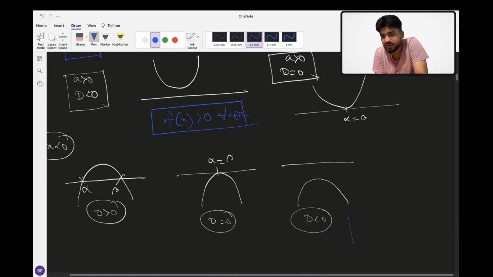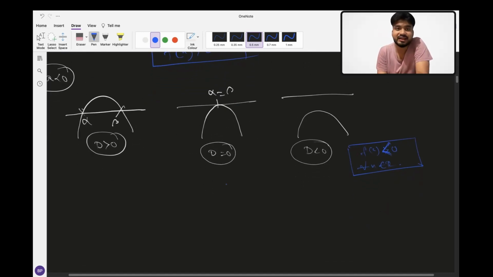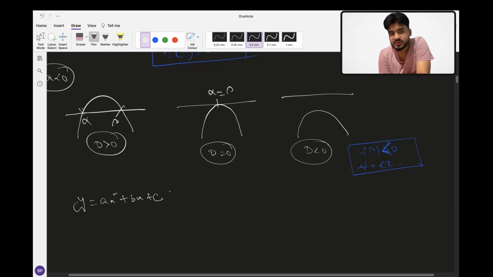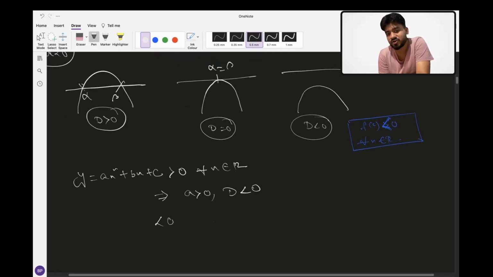And when a less than 0 and d less than 0, f(x) is always negative for all x belongs to R. So these are very important points: if a quadratic polynomial is positive for all x belongs to R, that means it has a greater than 0 and d less than 0. And if it is always negative for x belongs to R, that means it has a less than 0 and d less than 0. Have you got this point?